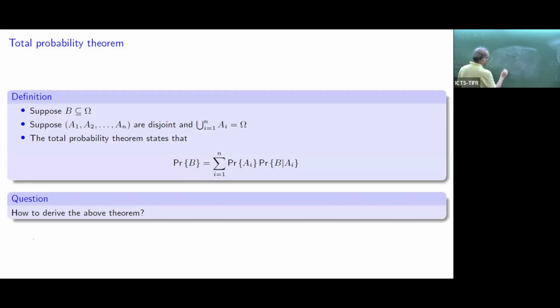If there is no rain, then the temperature values can be 15, 20 and, say, 25, again with probabilities 1 by 3, 1 by 3, 1 by 3. So what is the probability that you have a temperature of 15 degrees?